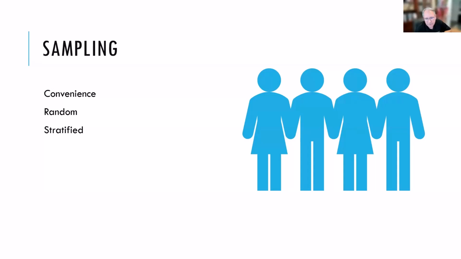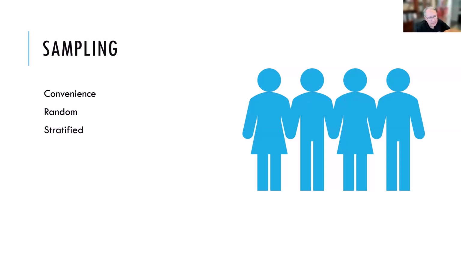A random sample is you randomly choose who's going to be in the study and who's not, and randomization is really important for eliminating bias in a sample. If you're relying on a convenience sample, maybe certain groups are being excluded for certain reasons. So random sampling is preferred if possible.